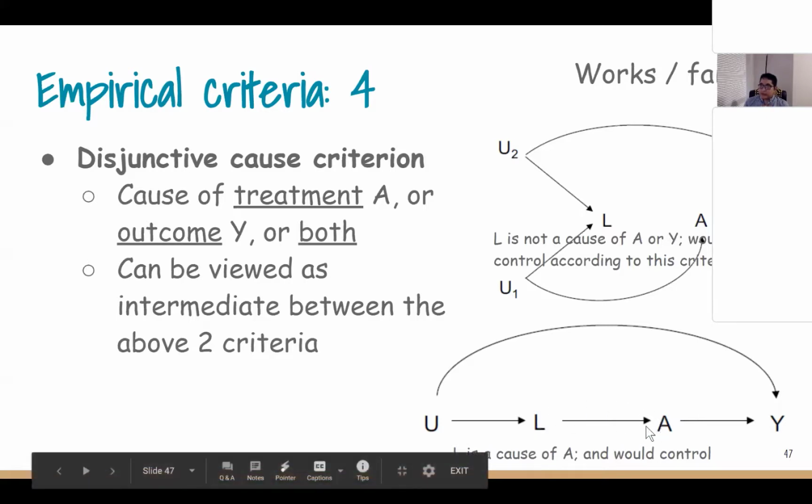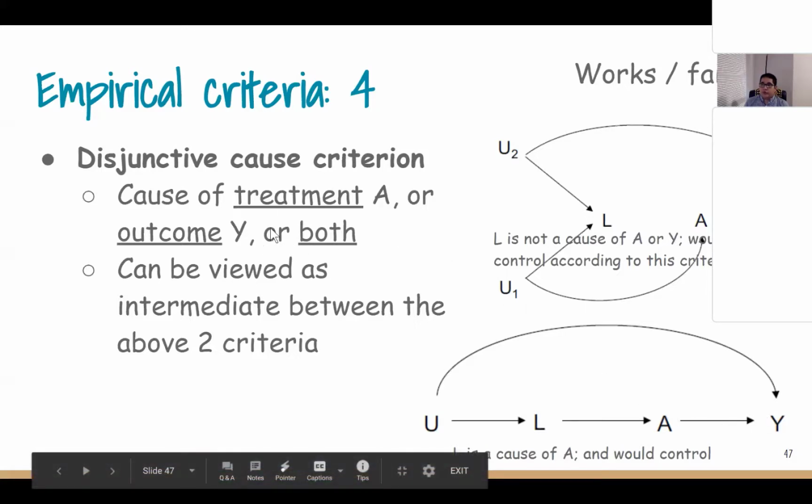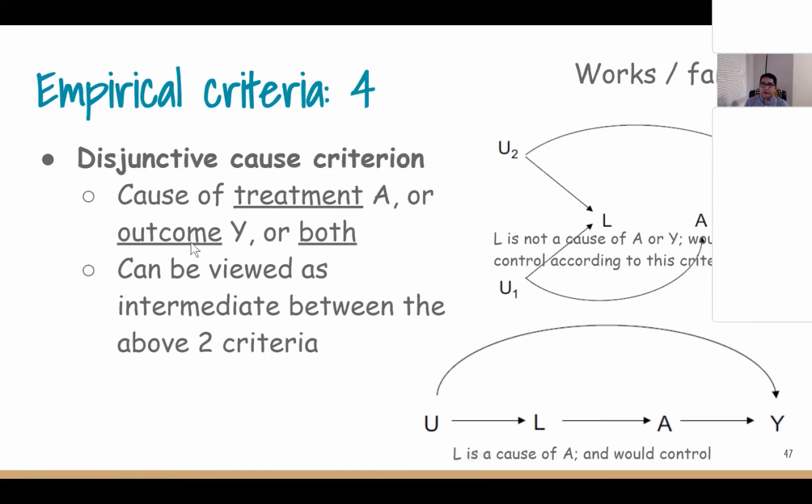In this scenario, generally speaking, without the extended common cause criterion, you would not really consider this L to be a confounder. So this disjunctive cause criterion, what it requires you to think about is not only which variable is causing your Y, but also take the variable that is causing your treatment as well.